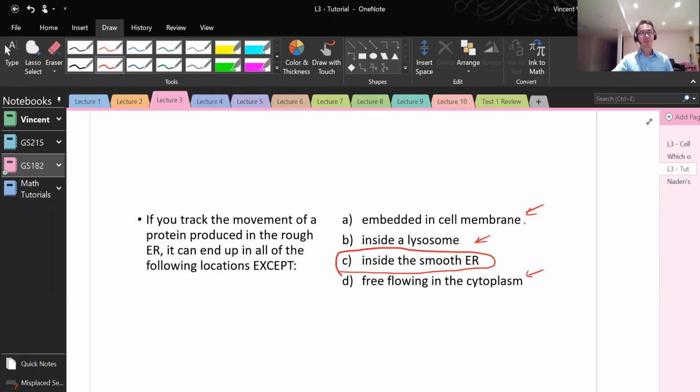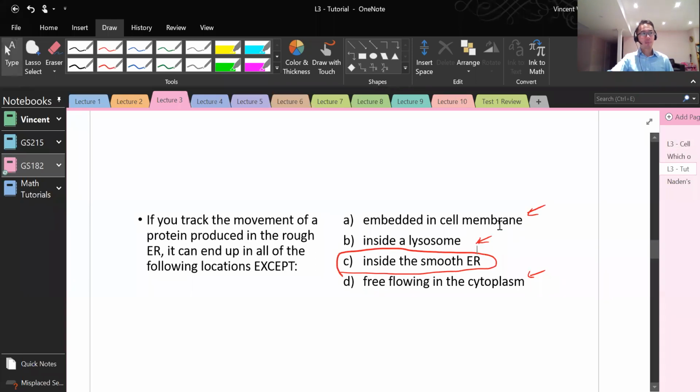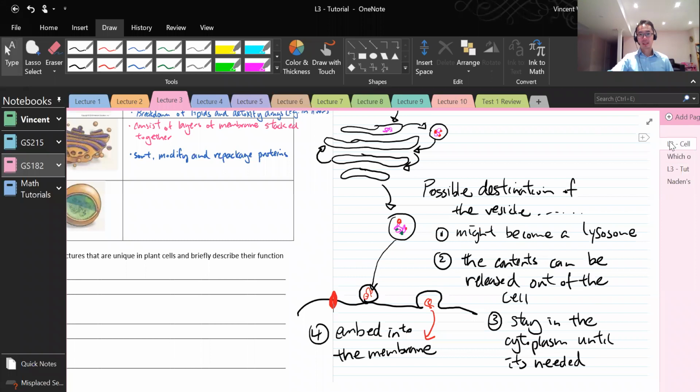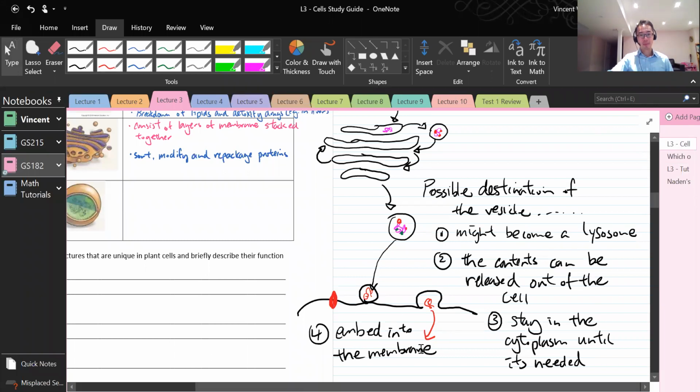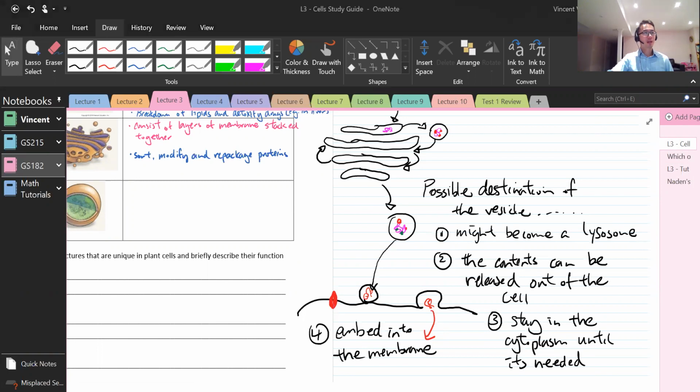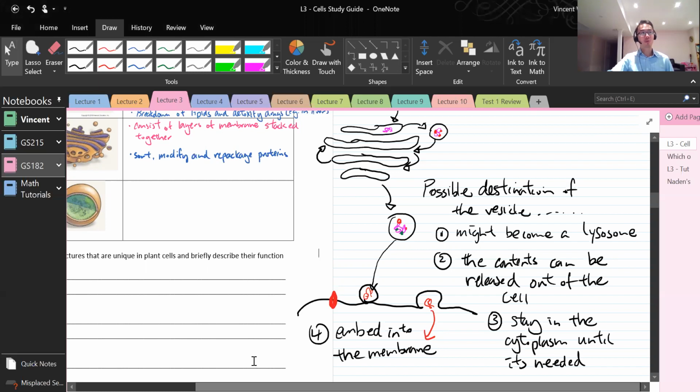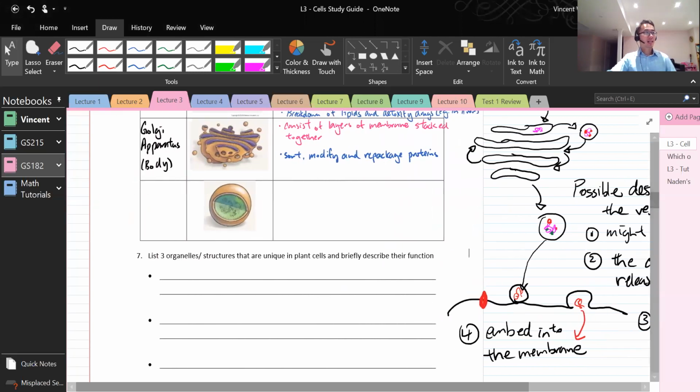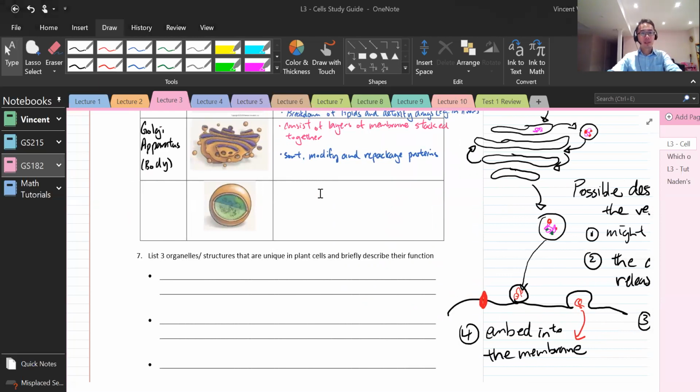Or maybe you just missed that little segment we had earlier. For example, why did a lot of people choose embedded in cell membrane? I told you it's possible that it gets embedded in the cell membrane. So is there a confusion that I should know about? No confusion. All right, well, hopefully there's no confusion when the test comes. Okay, next one then. We'll move on.